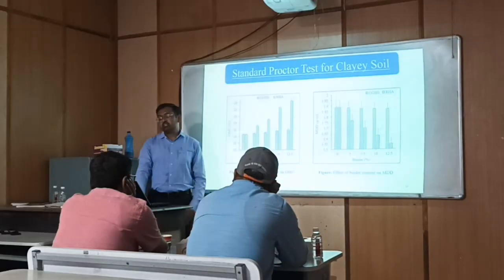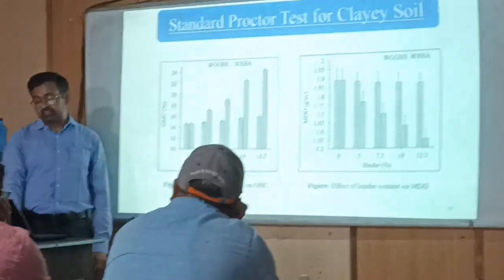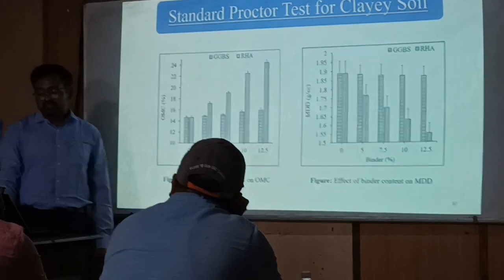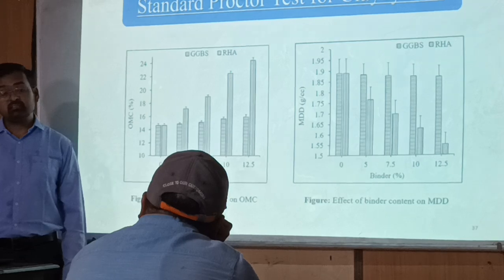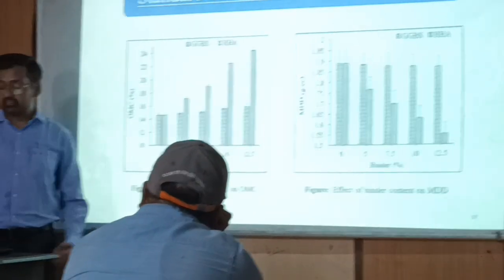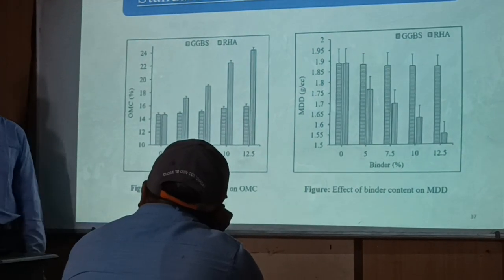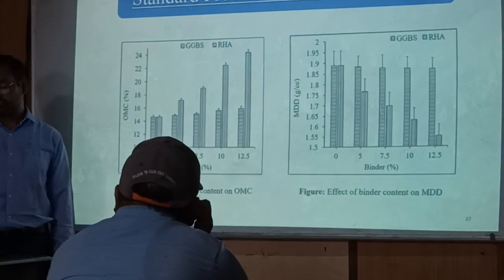When we performed the standard Proctor test for clay soil, we found that as the binder content increased, the OMC of both RHA and GGBS treated soil increased. However, the increase for RHA was significantly higher than for GGBS treated soil.